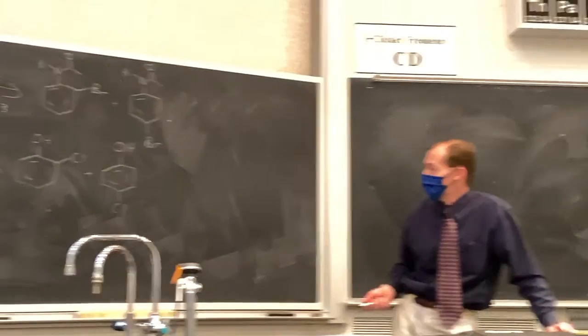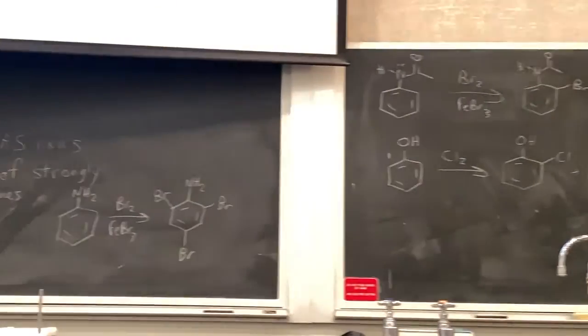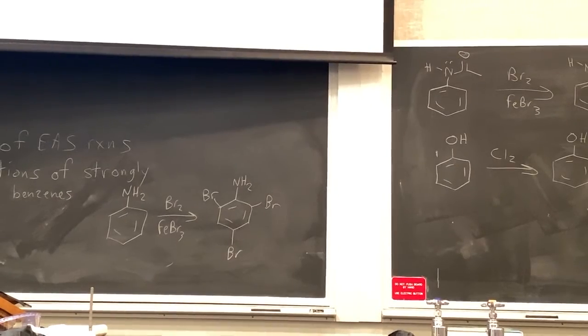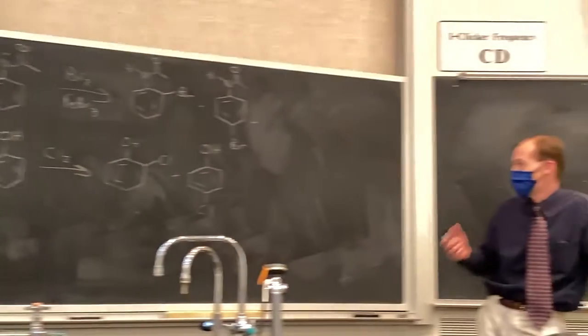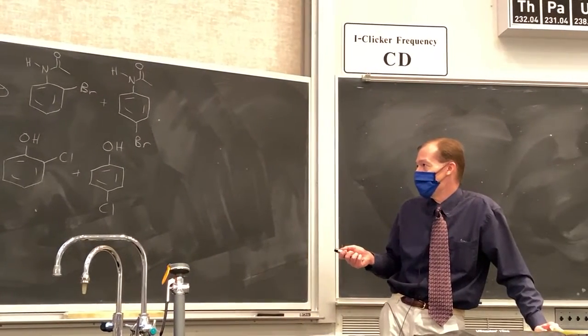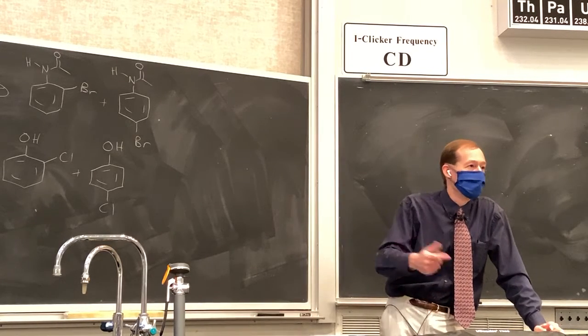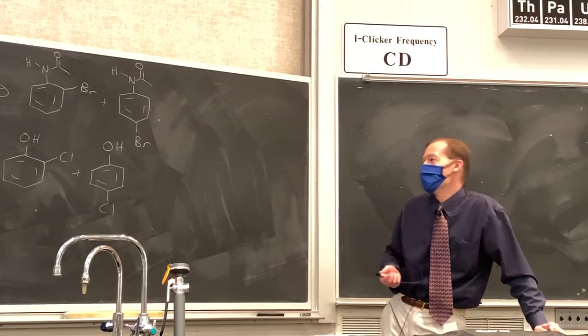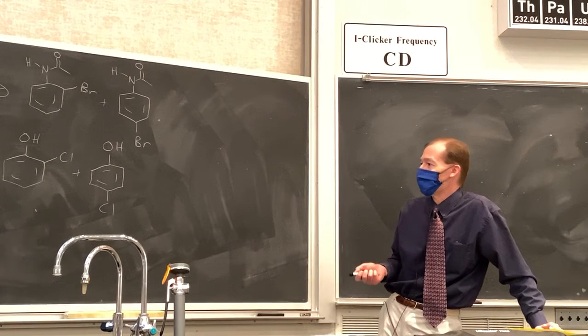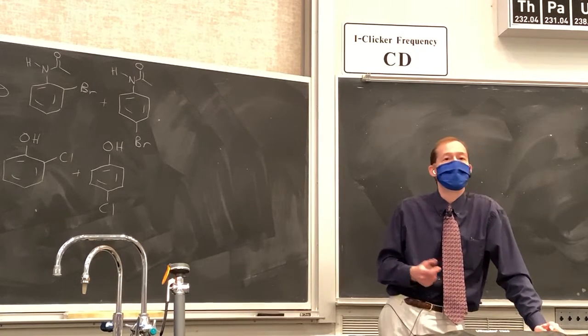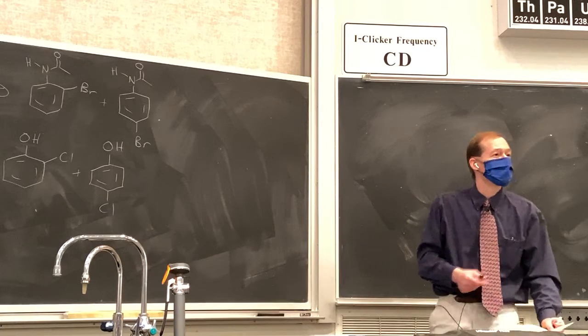But it's just somebody empirically determined this in the lab. They found that if they converted this amine to an amide, they could stop the reaction at monohalogenation. And that's just due to the fact that this is not as strong an activating group as that. Okay, other questions? Yes?